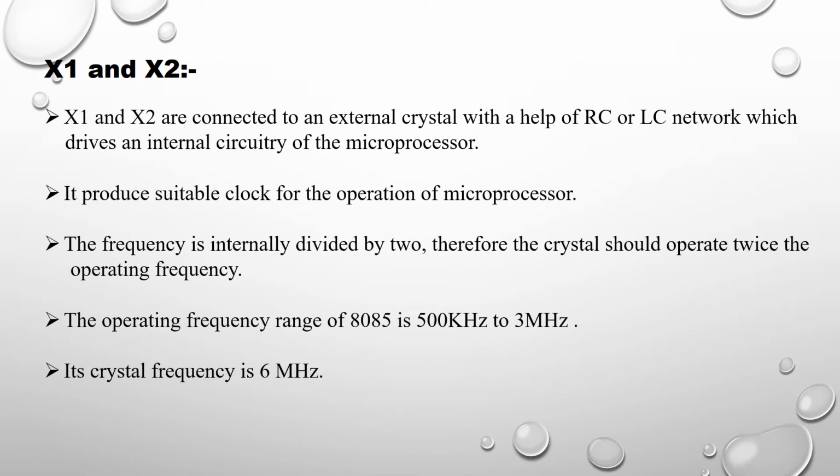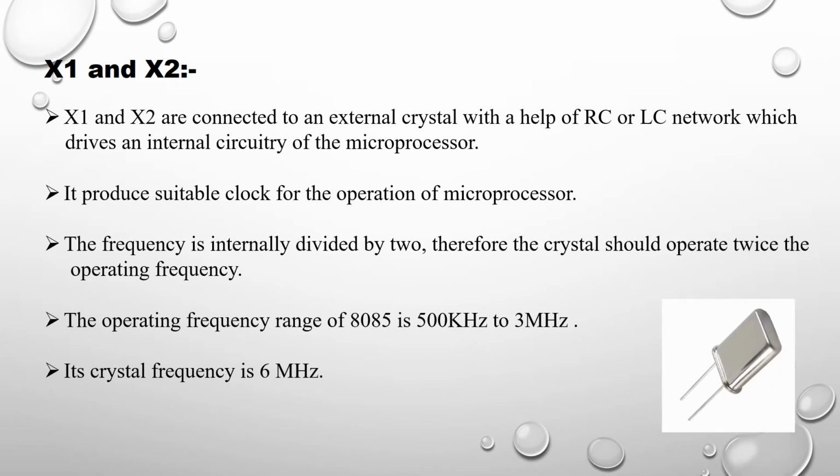This crystal, which is placed outside the processor, will be driving the internal circuitry. The internal circuitry might be the oscillator, and the oscillator will be used to drive the timing and control unit. So let us discuss this in the next slide.